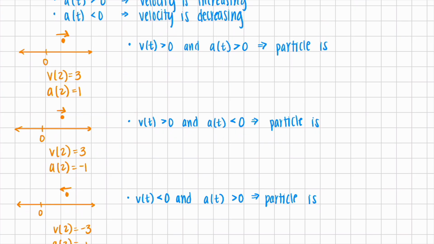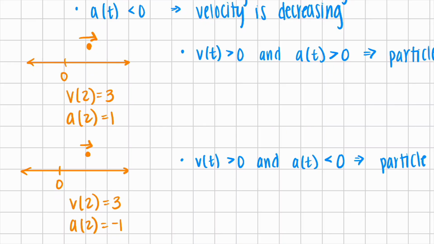For the first one, I just have a little example over on the left just to kind of explain it. Let's say at time t equals 2, my velocity is 3. That means that my particle is moving to the right, let's just say 3 yards per minute. And let's say my acceleration is 1.